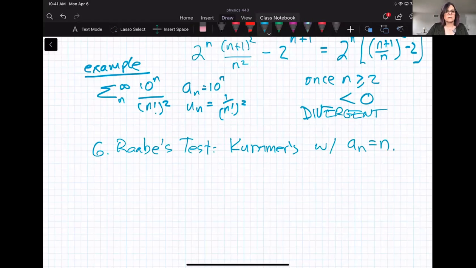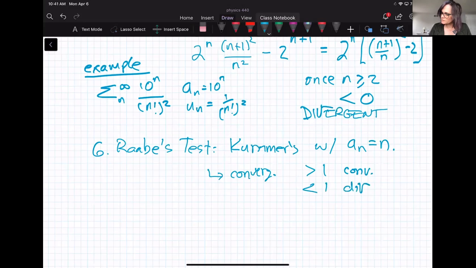Just like when a sub n is equal to 1, you get the ratio test, the Raabe test is a special case of that. And there you're looking for a value where you get convergence when the values are greater than 1, divergence for less than 1, and if it's equal to 1, we don't know again. But that's a special case.